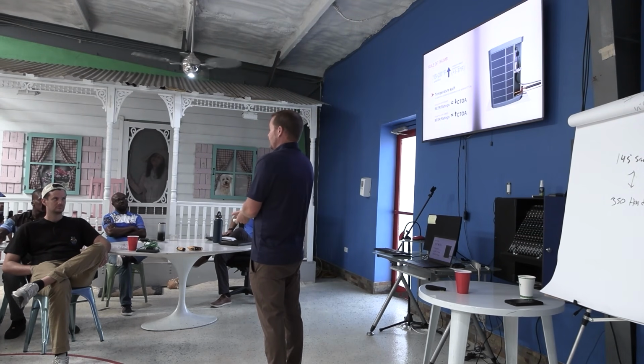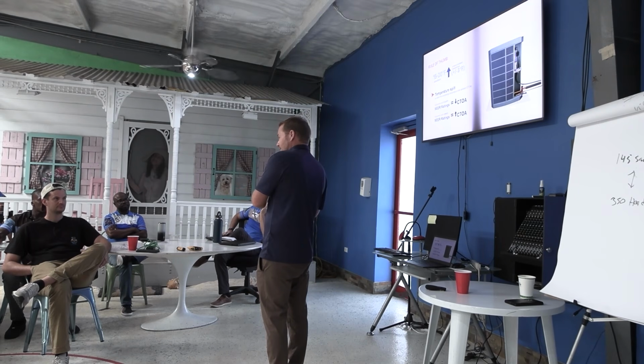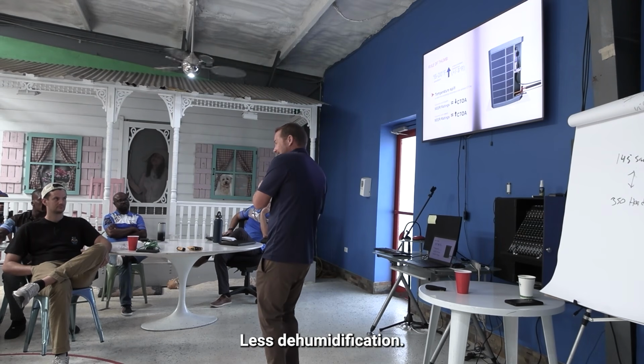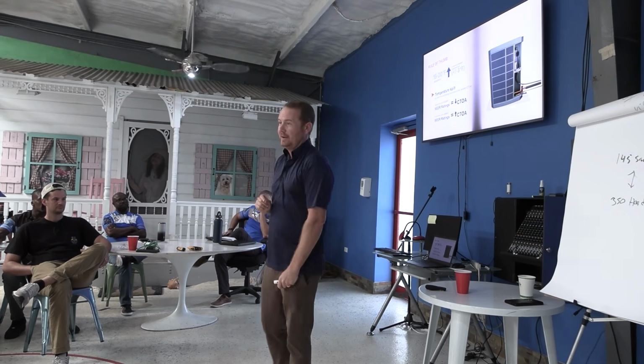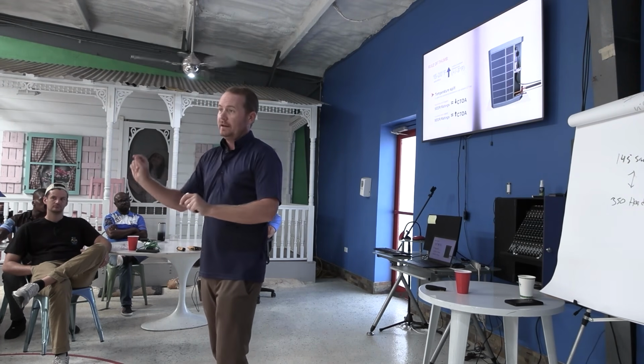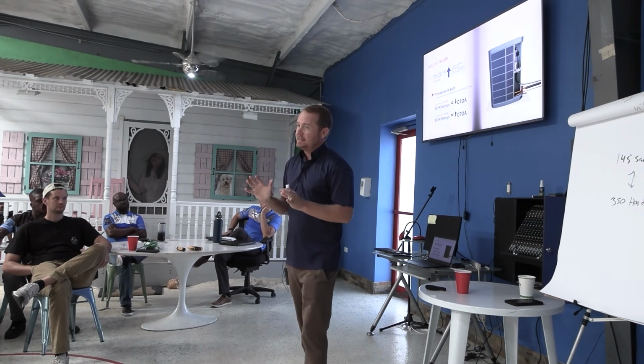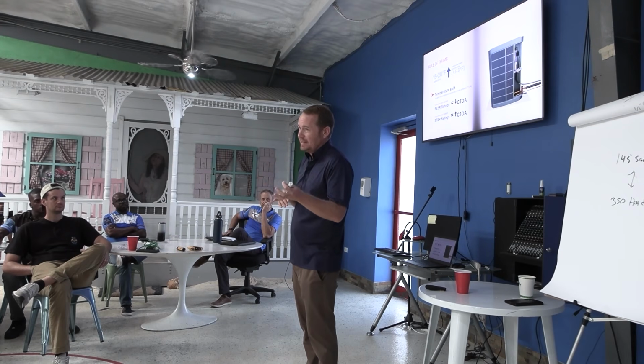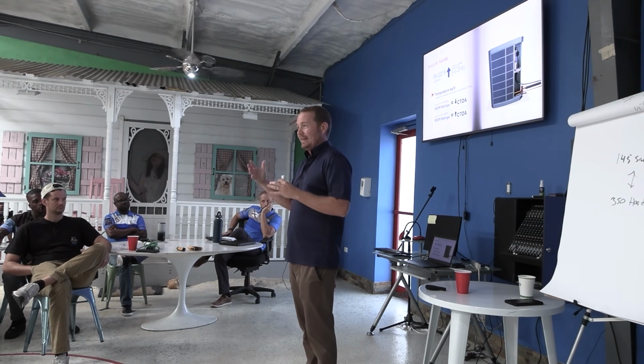Higher suction pressure means a warmer coil. A warmer coil means less dehumidification, because in order to dehumidify you need a cold coil and long run time. So that's the problem: you have to trade efficiency for dehumidification. They get less efficient, but we kind of need it to do that.